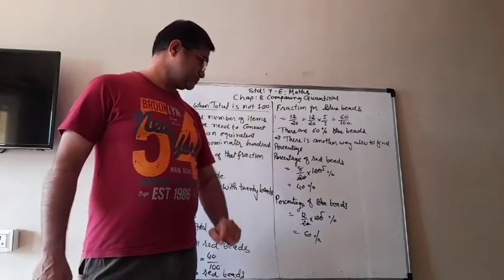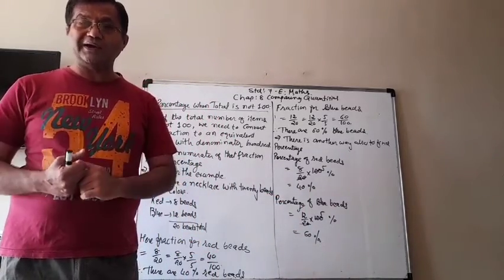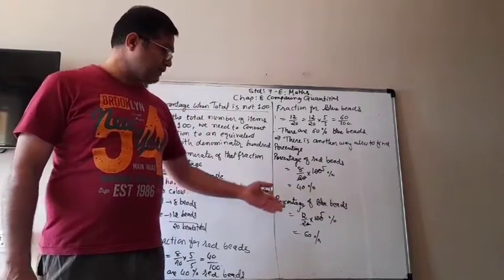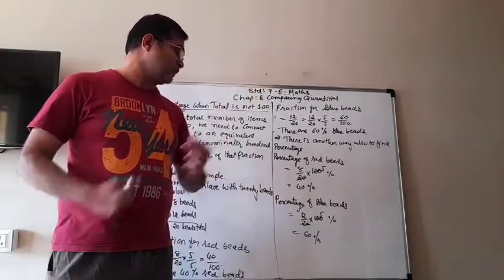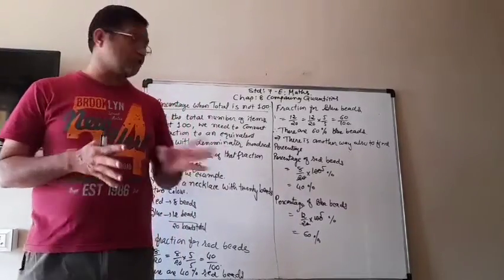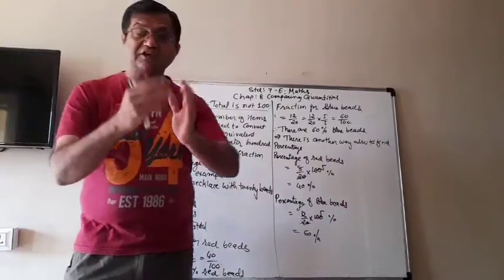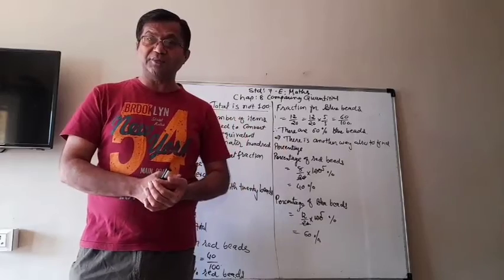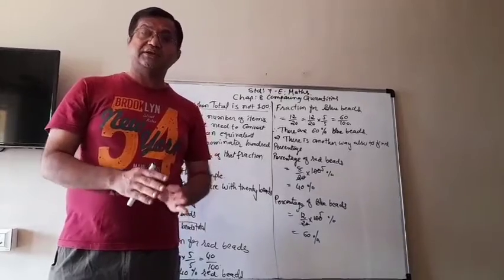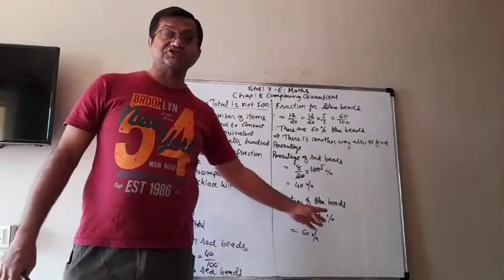Similarly, for the percentage of blue beads, the fraction is 12 upon 20 multiplied by 100%. Cancelling, 20 fives are 100, and 12 fives are 60, and therefore you get 60%. So you can use either method. The first method is to find an equivalent fraction such that 100 is in the denominator, and the second is to multiply the same fraction by 100 and directly write down the percentage by simplification.